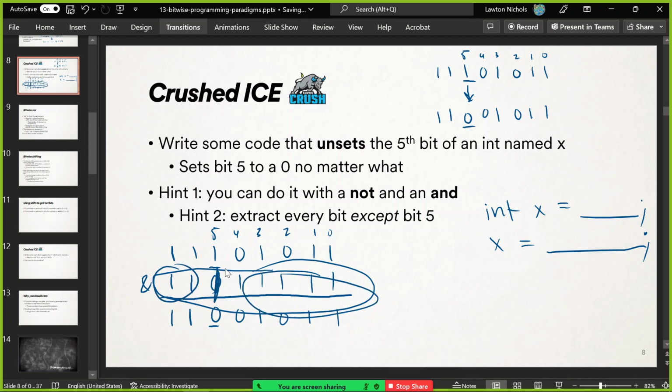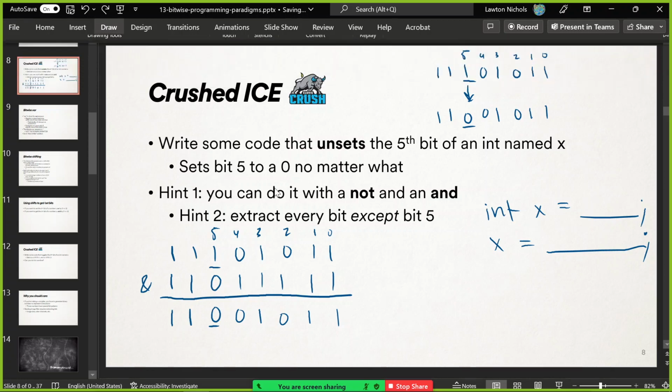That's the number you can generate pretty quickly. You can achieve this number by negating a number with the 1 right here and a 0 everywhere else. That's 0, 1, 2, 3, 4, 5, then a bunch of zeros everywhere else as well.